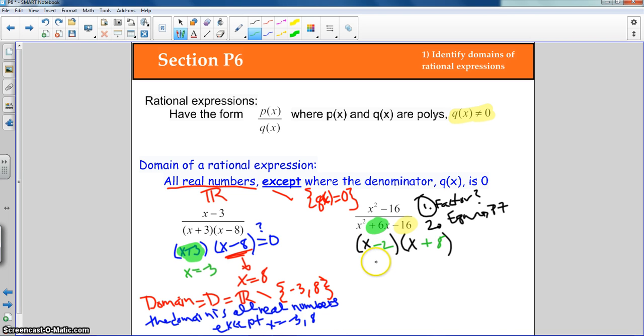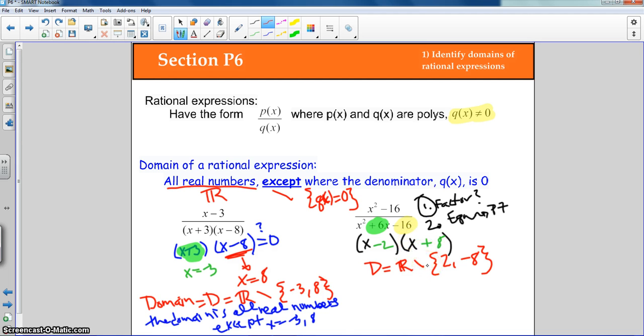And so what I'm going to get here for my domain is going to be all real numbers except the set that is positive 2 and minus 8. Okay, so again, just looking at the denominator, you don't have to worry about the numerator at all, and just know that it's going to be all real numbers except whatever makes the denominator 0.